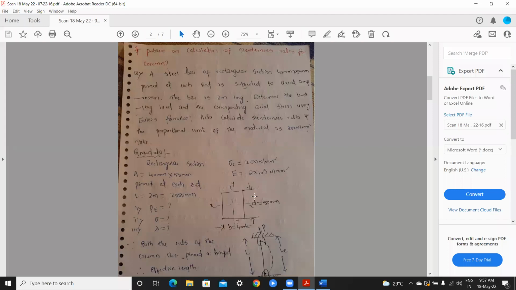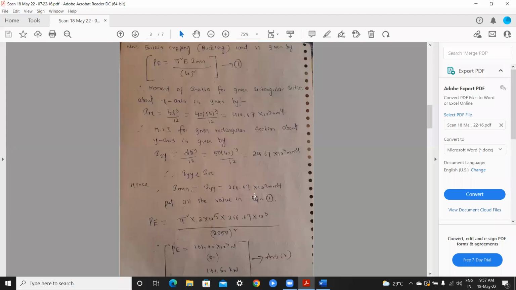We have to calculate the moment of inertia. So the moment of inertia for the given rectangular section about the x-axis, Ixx, is given by this formula, BD cube by 12. When it comes to the y-axis, it will be DB cube by 12. So first we'll see BD cube by 12.